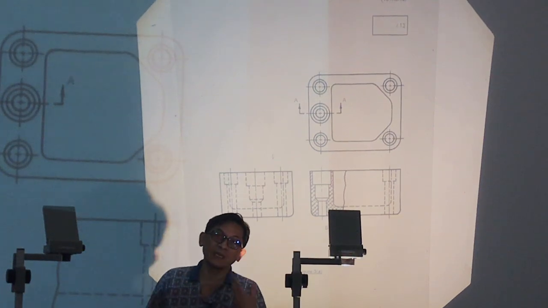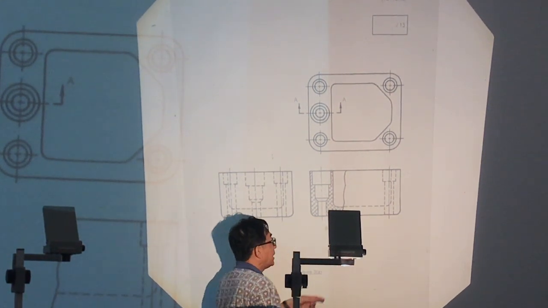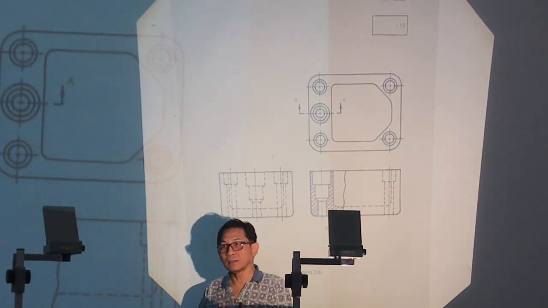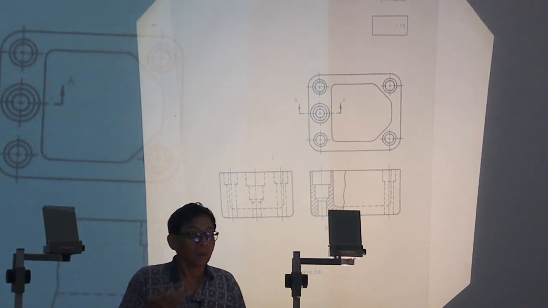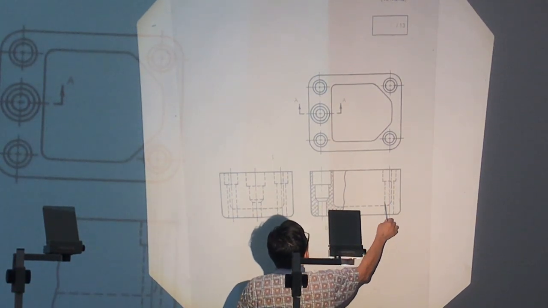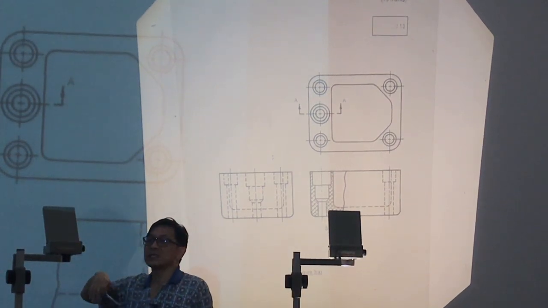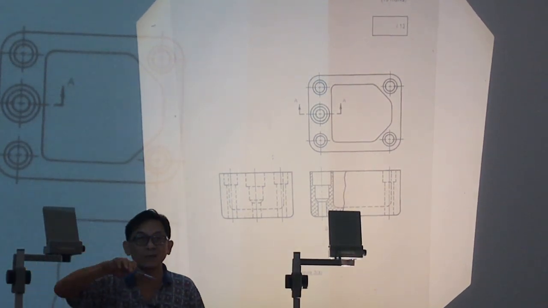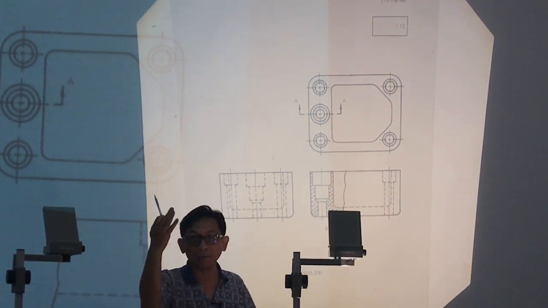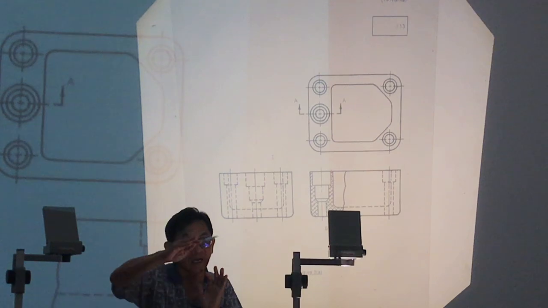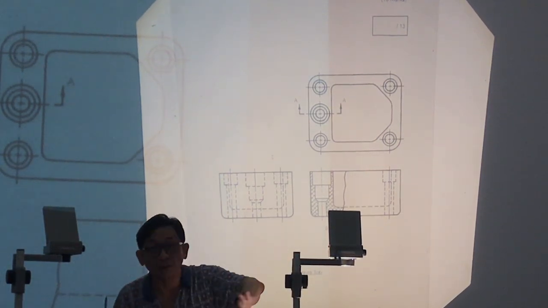Today, one student came, I saw. He gave me a sharp corner, and here is a fillet radius. What are you trying to do? If here is a fillet radius, this also must be a fillet radius. This one I penalize, because you cannot make an object with one side curved and the other side sharp on the same flow of the material.